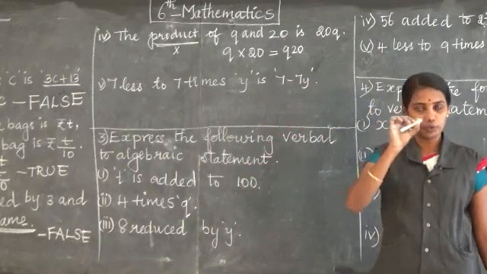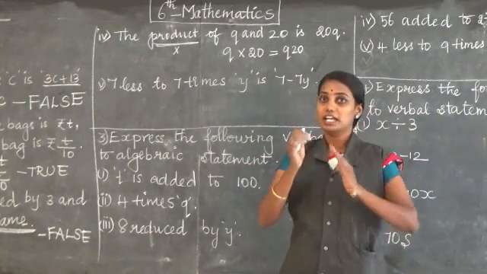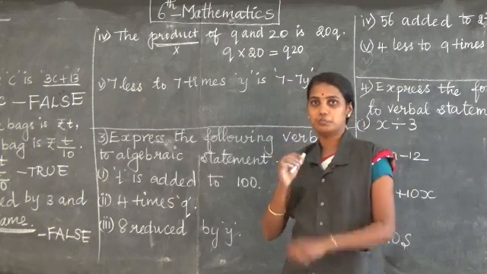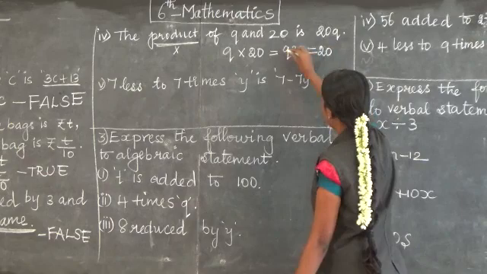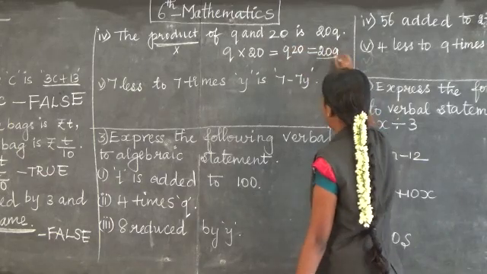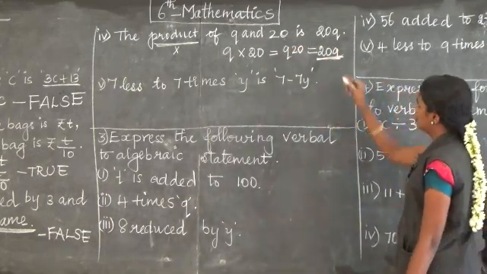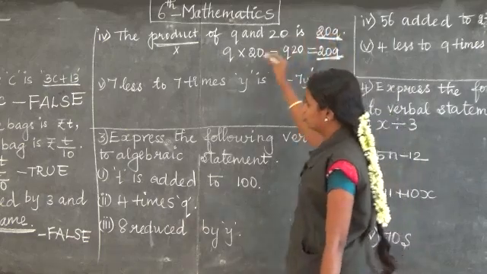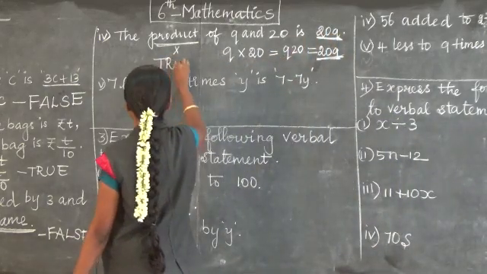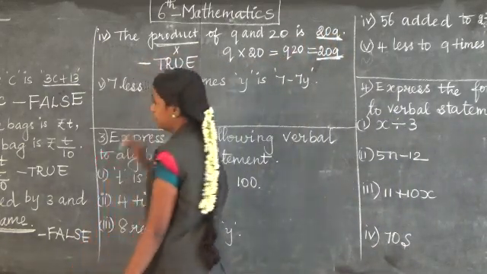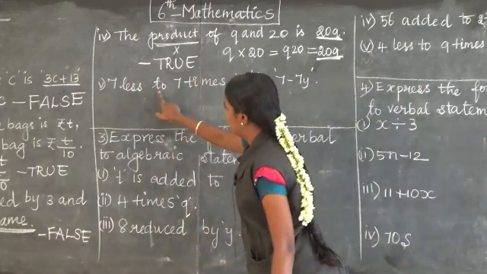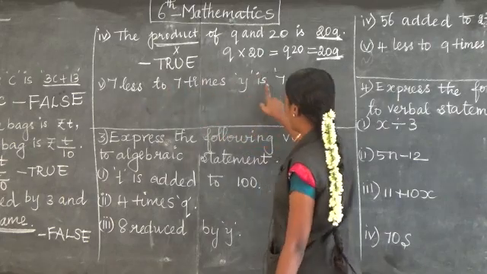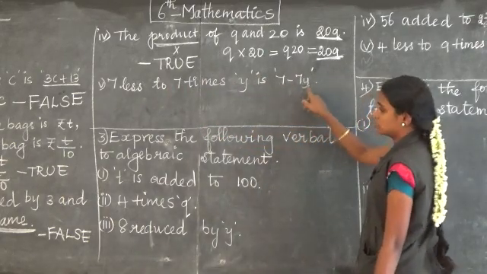Always whenever you write an algebraic statement, the number should be first, the letter should be second. So I am writing the number first, 20. Next is the letter. So the answer is 20Q. The given is also 20Q. The statement is true.